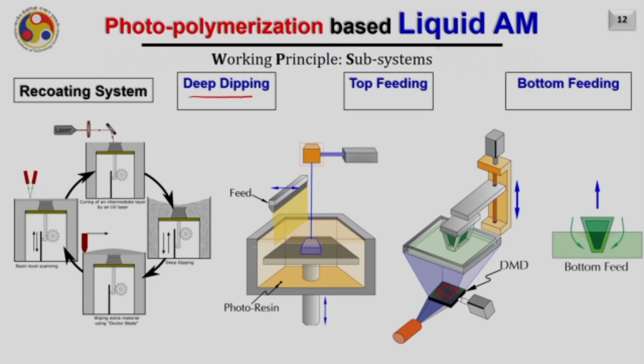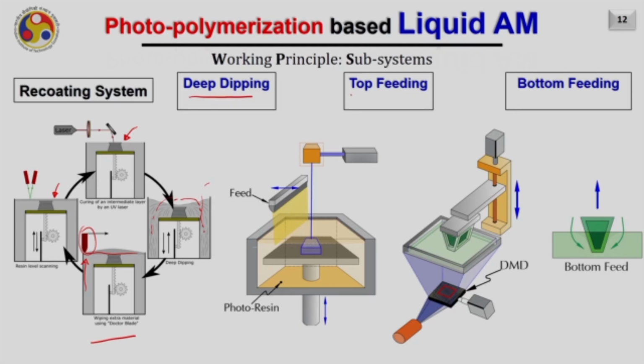In the case of deep dipping, after realizing a layer, the entire part goes down and the liquid material available in the tank flows over it. So we are dipping the part deep into the tank. Then we of course lift it up and remove the excess material by a recoater, or sometimes called as doctor blade, and creates a thin layer of the liquid photopolymer. This process is called as deep dipping.